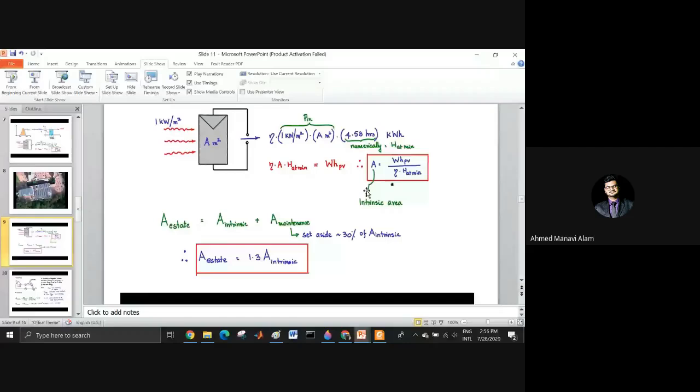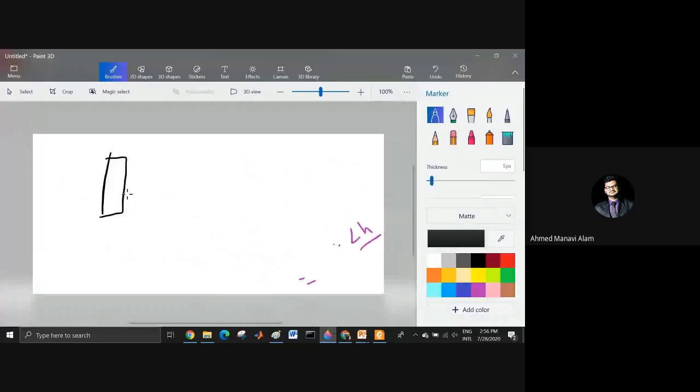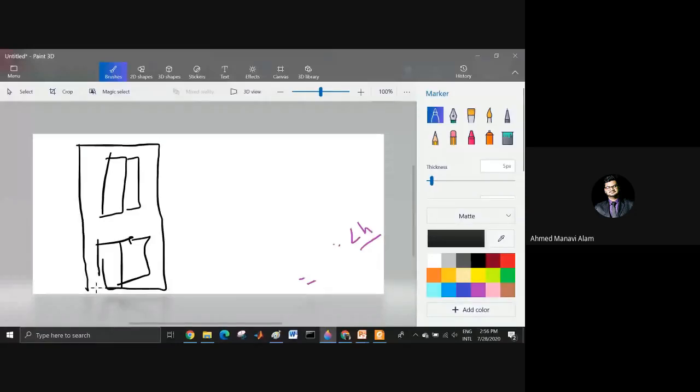But whenever you are designing, you also need to understand that the area of the PV cell is not enough, because PV cells need some spacing between them. Okay, and PV cells need some maintenance, so there should be some extra area. If I ask you the total area, how much area you need, it is the area that I have drawn with the blue marker. This is the total area I need.